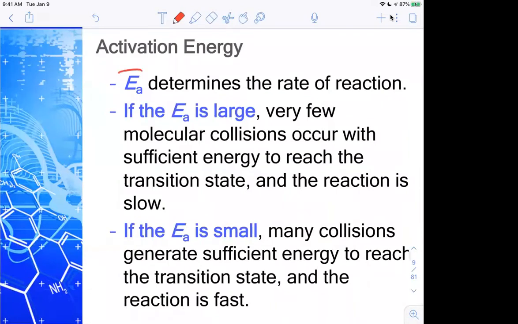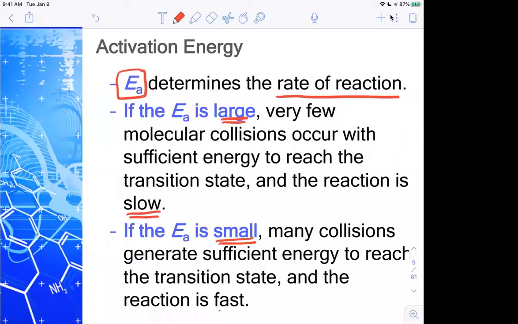My energy of activation actually determines the rate of reaction. If this is very, very large, very few molecular collisions will occur with sufficient energy to reach the transition state, so the reaction is going to be slow. If this energy of activation is small, many collisions will generate sufficient energy to react and reach the transition state.